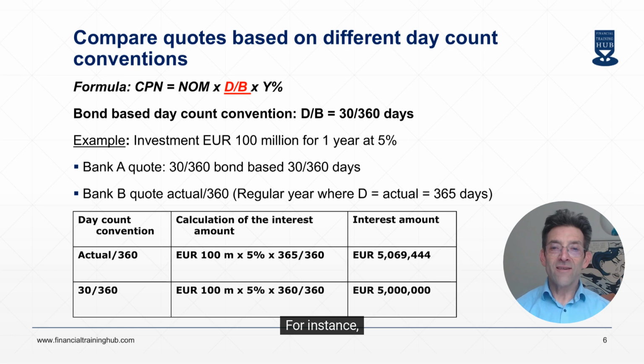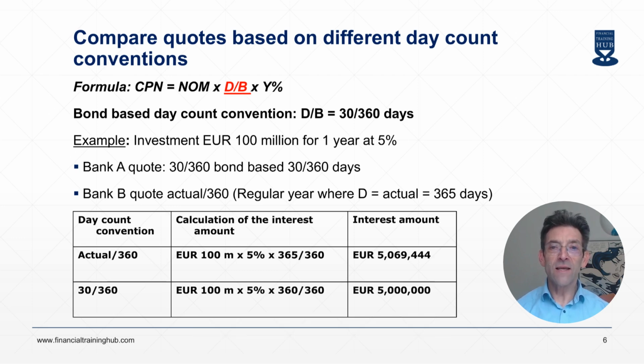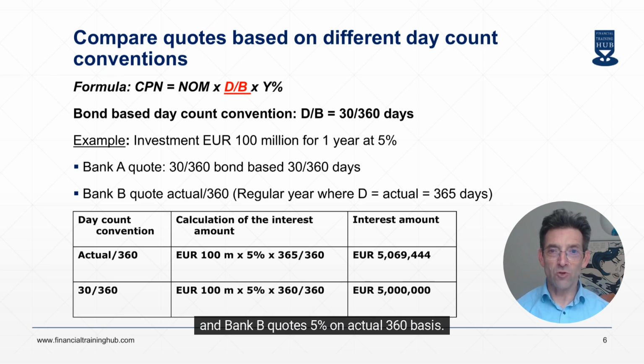For instance, if an investor wants to invest €100 million for a year and has received offers from Bank A and Bank B, Bank A quotes 5% for a 30/360 bond basis, and Bank B quotes 5% on actual/360 basis.